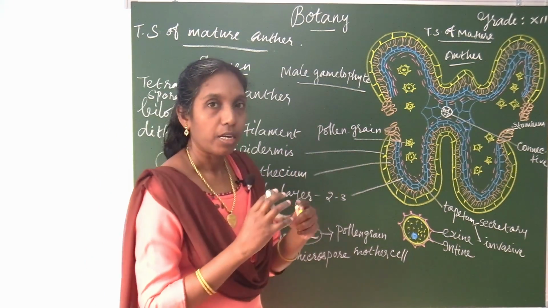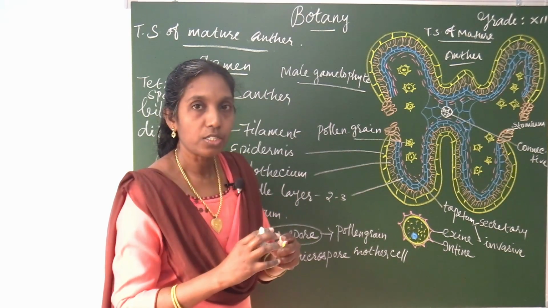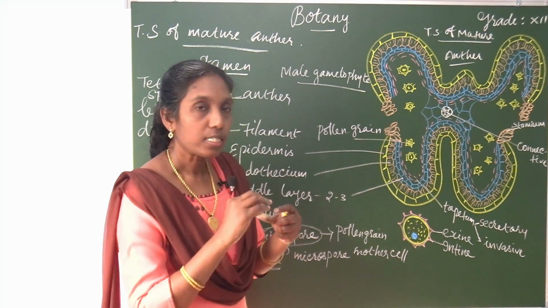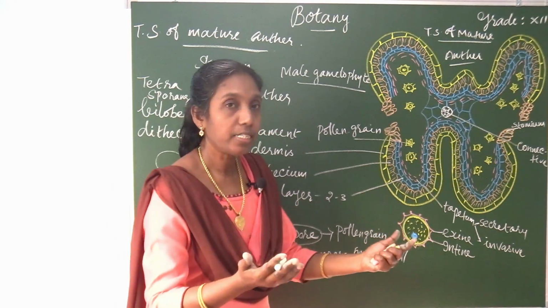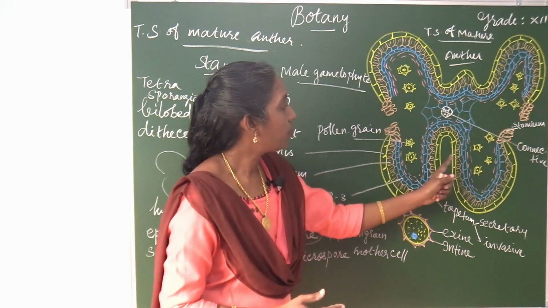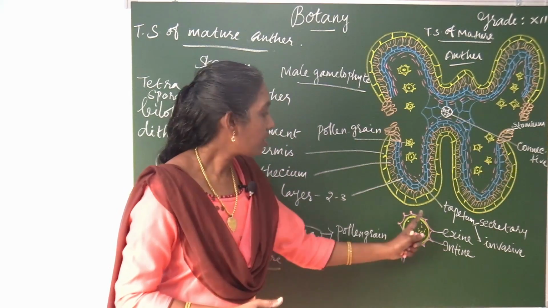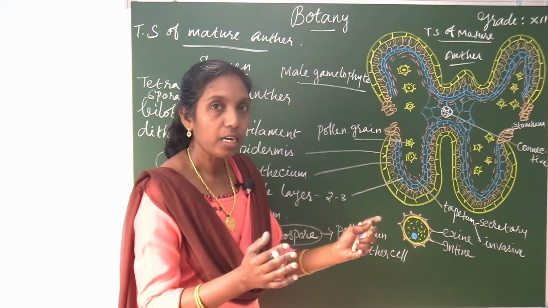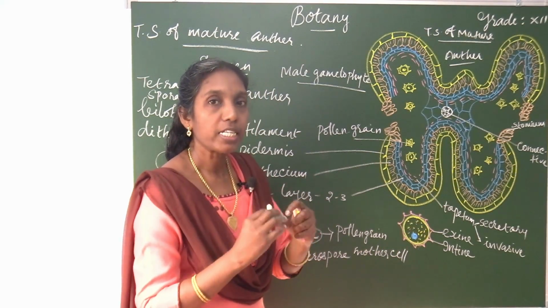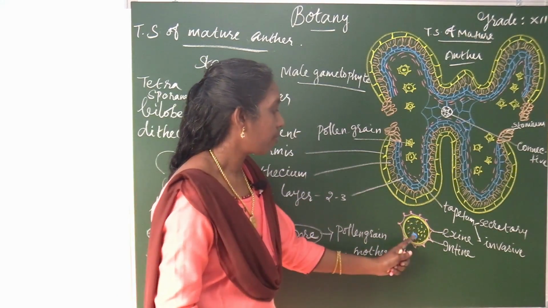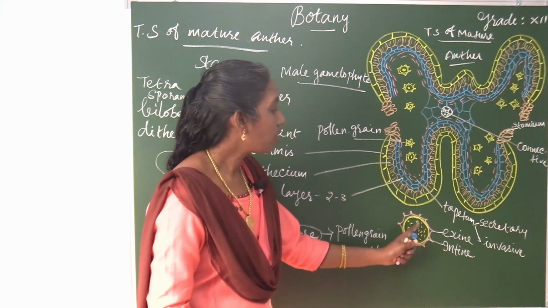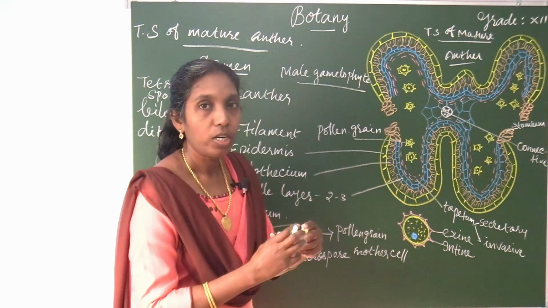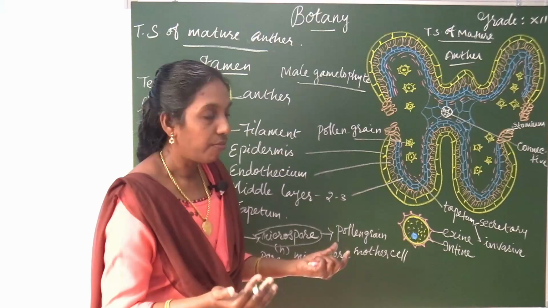Now this microspore, which consists of nucleus and dense cytoplasm, later when this anther is mature, becomes the pollen grain. This is the structure of pollen grain, which consists of outer wall layer, dense cytoplasm as well as the prominent nucleus. Now this nucleus of the pollen grain starts to divide.